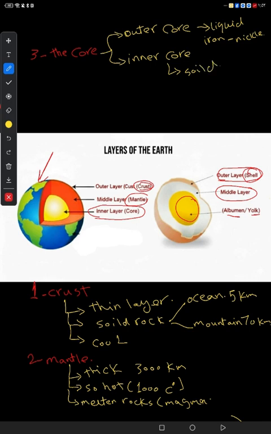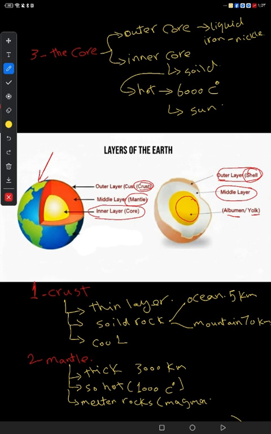Why is it solid? It is solid due to the high pressure on it. This high pressure of all the earth layers on the inner core makes it very solid and also very hot. Its temperature reaches about 6000 Celsius degrees. It is like the sun.